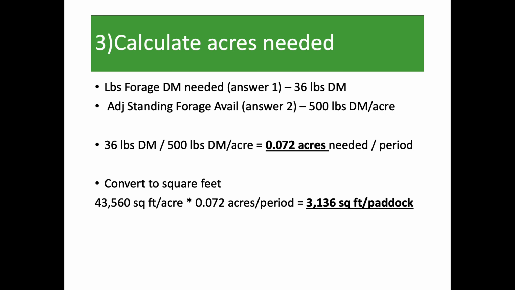You're just taking this number and going up here. Yes, you're good. And so you should get 0.017, and that's how many acres you need. What group are you in? Group 7.